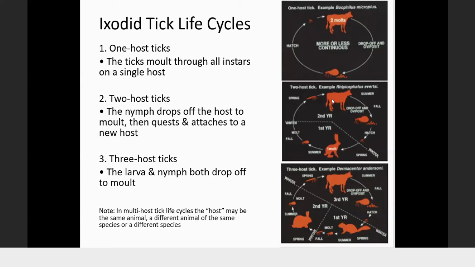Yeah, Boophilus. Okay, thank you. Rhipicephalus microplus. And then the 3 host tick, there are a lot of ticks that have 3 hosts. Okay, thank you. So I'm not going to repeat this again. You can go back to this lecture.